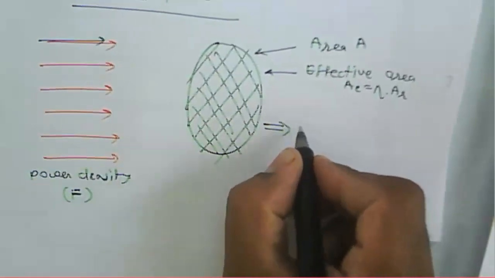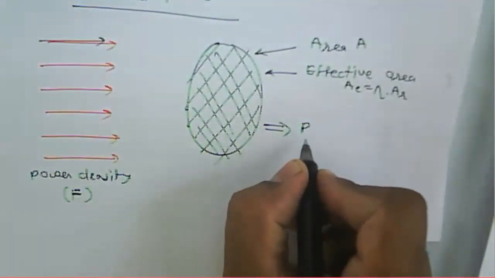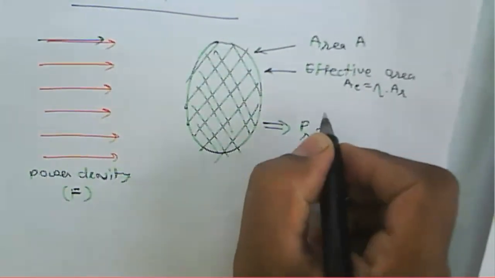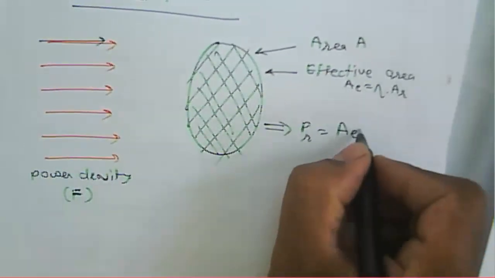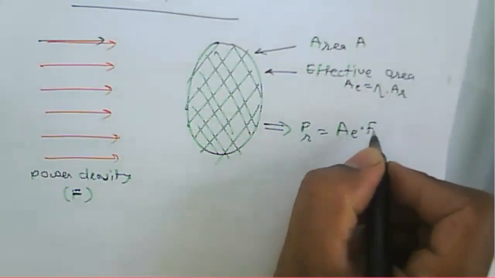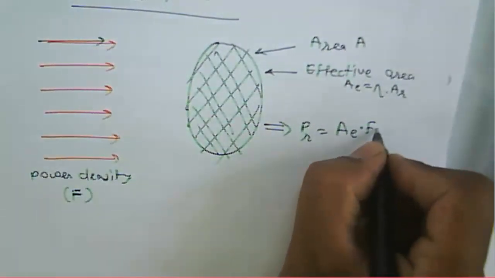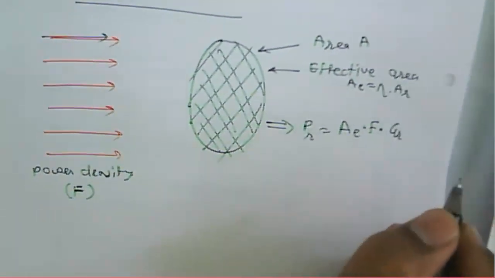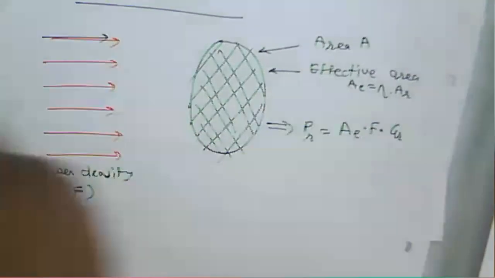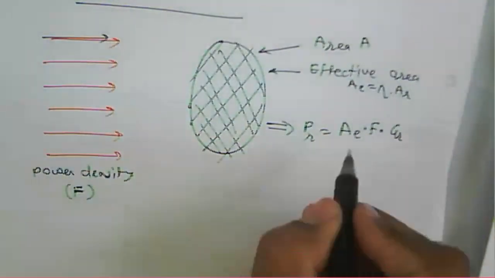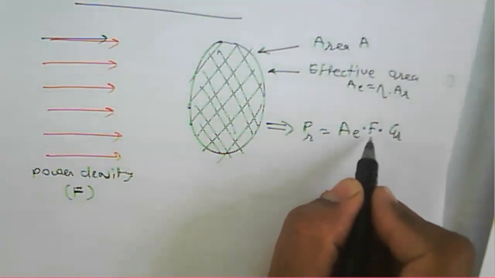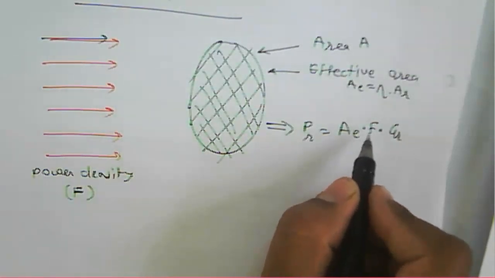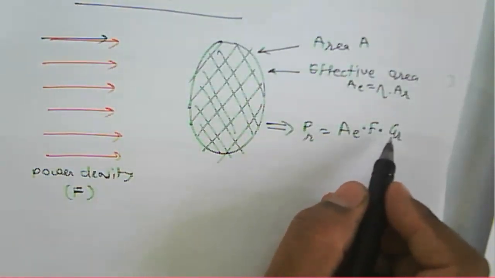So it will receive the power, and the power received depends upon the effective area of the antenna, the power flux density, and the gain of the receiving antenna.